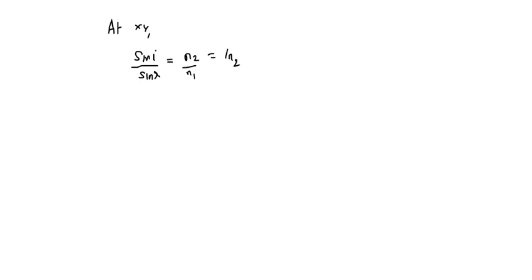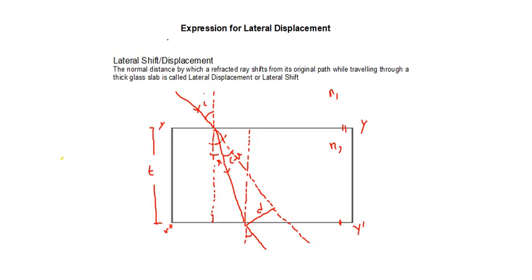Now, sin R. How can I write sin R? If you look closely, look at this triangle. Let me name these points A, B, C, D, E, and F.